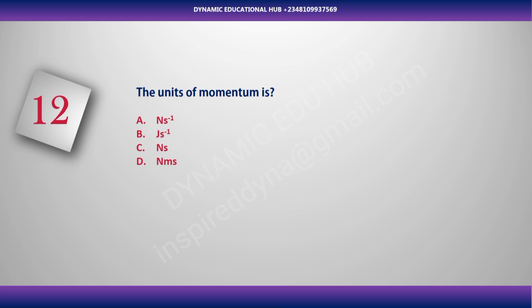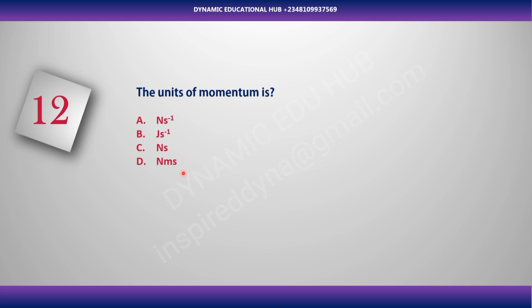Momentum is somehow similar to energy but different from energy. If I throw a ball at you, you can easily catch it. But if I carry a big stone and throw it at you, that is momentum. Now, momentum is mass times velocity, isn't it? So what will now be the unit? What is the unit of mass? Kilogram. But let's look at the options. We have Newton, we have Joule, we have Newton.